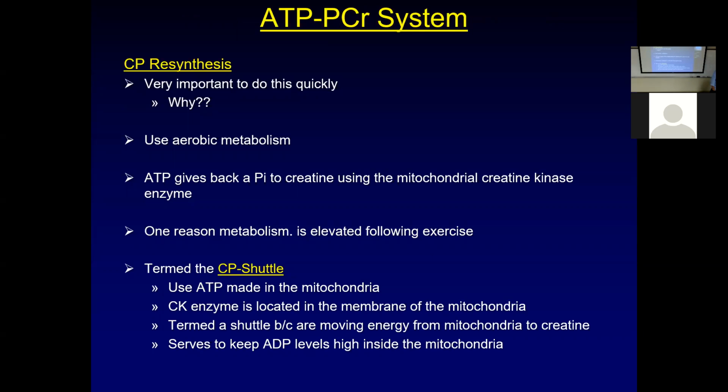Okay, so that resynthesis is going to take place at a thing right near the mitochondria, called the creatine phosphate shuttle. You've got a creatine kinase enzyme that will be located in the membrane of the mitochondria. And so you've got a muscle cell, you've got a mitochondria in the muscle cell.